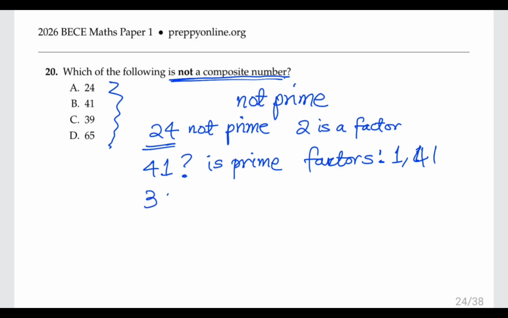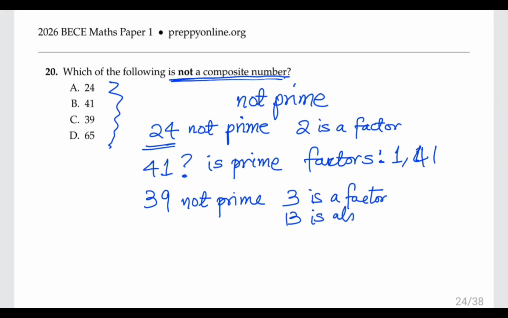Is 39 prime? 39 is not prime. Why? Because it has factors. One of its factors is 3. 3 is a factor. And if 3 is a factor, so is 13. 13 is also a factor. So 39 cannot be prime.